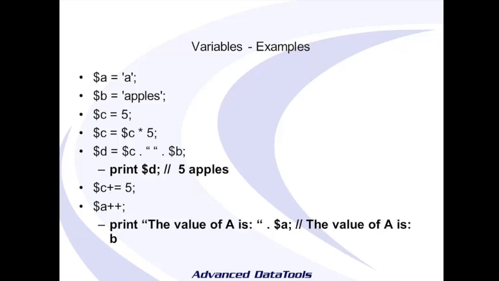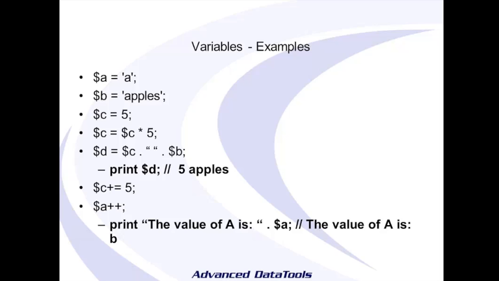If you want to cast something specifically, there are functions to do so, but by default you do not have to. The third piece here, c equals 5. It's a number, there's no quotes around it, so it's going to treat it as a number. And we can then go c is equal to c times 5, so it's going to be 25.